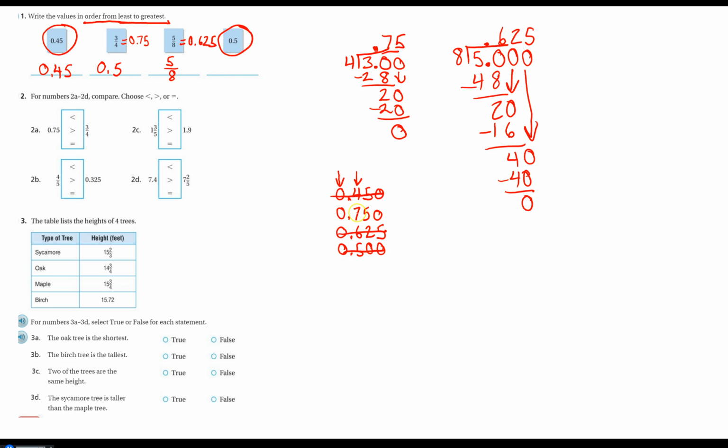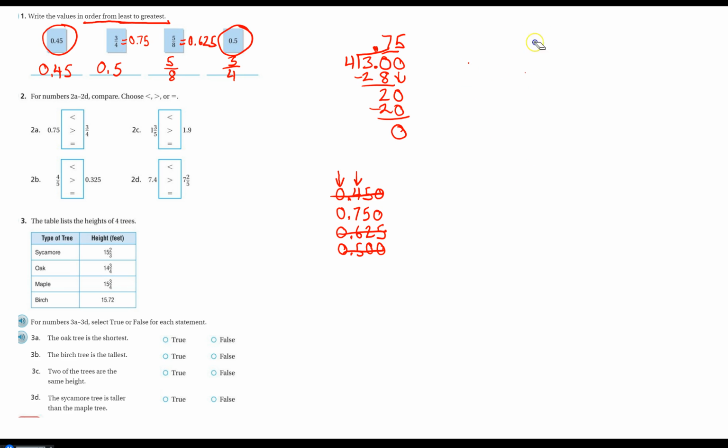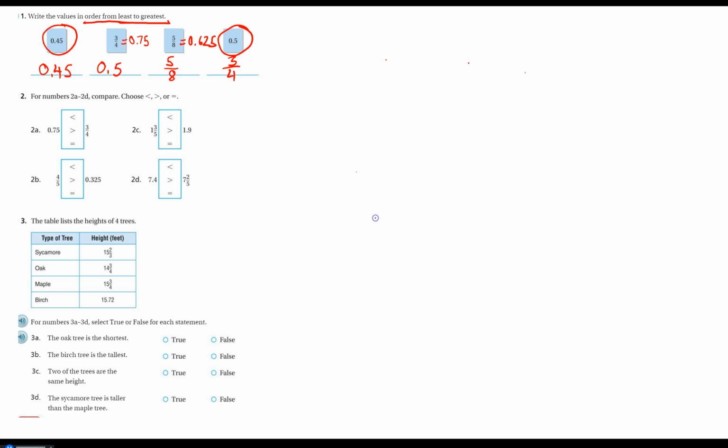And then my 0.75 was my 3/4, so my biggest number is 3/4. All right, I'm going to erase my scratch work because I'm limited, but I don't want you guys to erase your work, because you can always get more scratch paper. So there's no need.